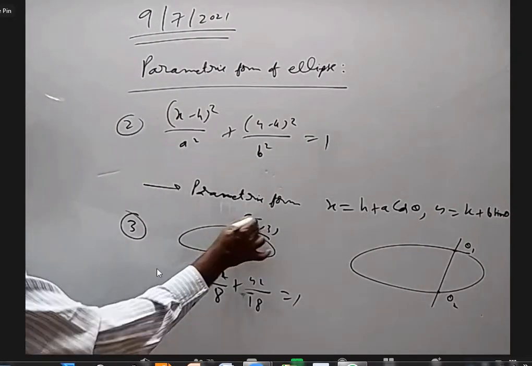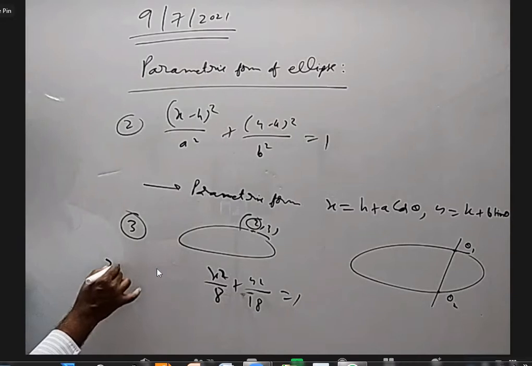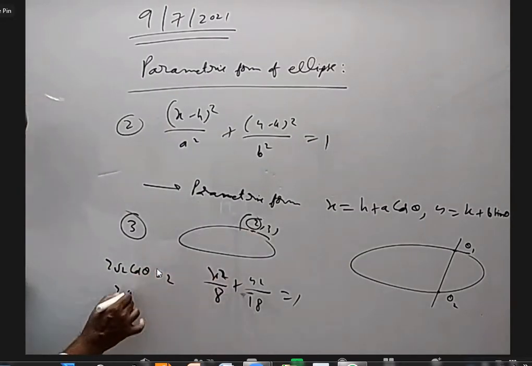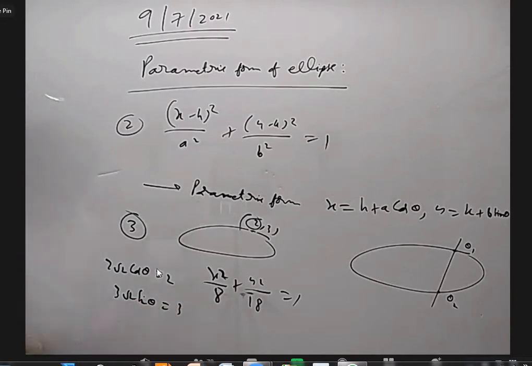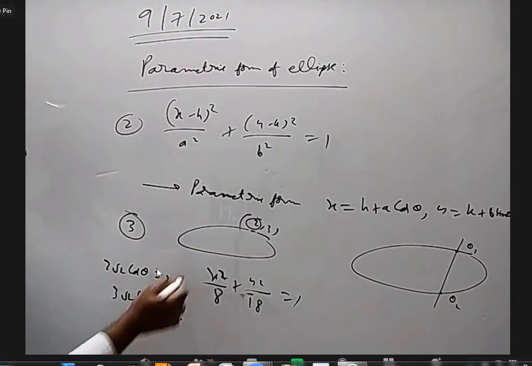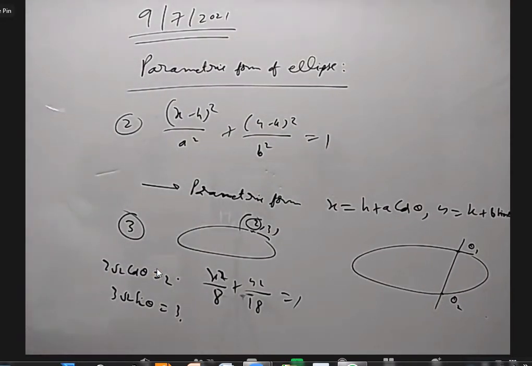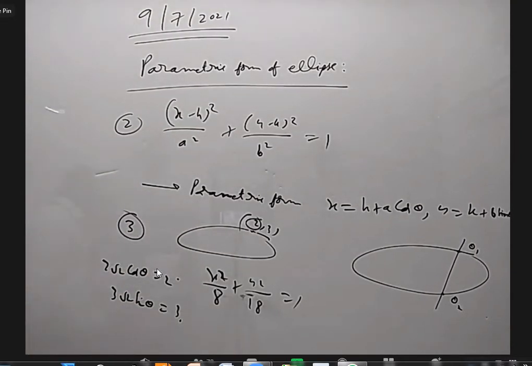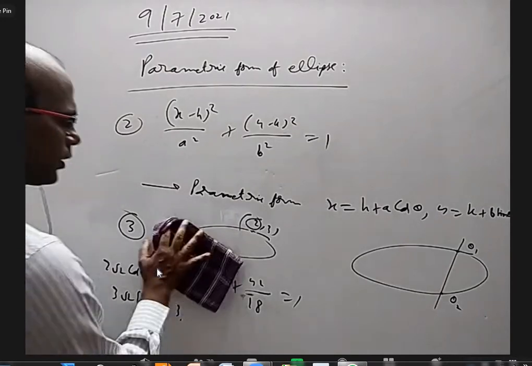Equate this to a cos theta. 2 root 2 cos theta will be 2. And here 3 root 2 sin theta is equal to 3. Either this or this will give you the theta value. So if a point is given, finding theta is very easy. Just equate it to a cos theta comma b sin theta.